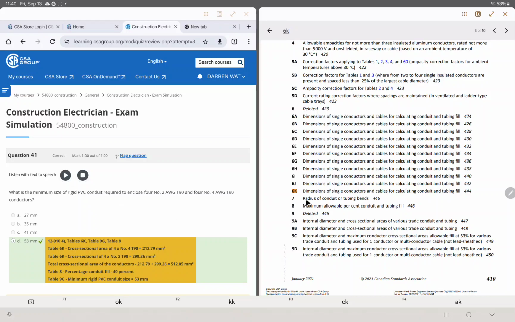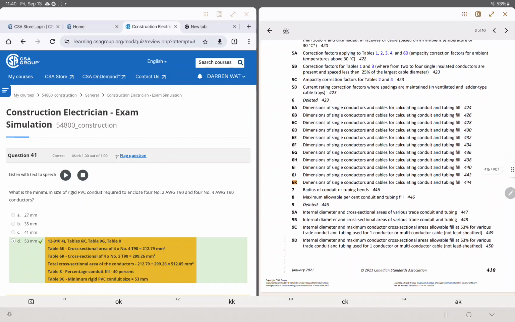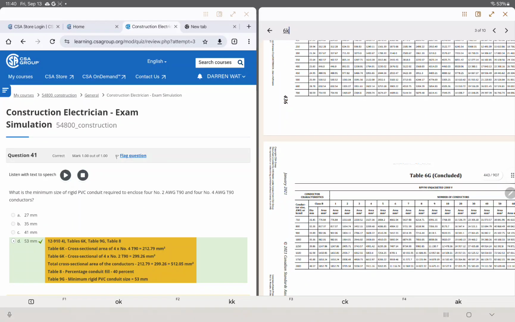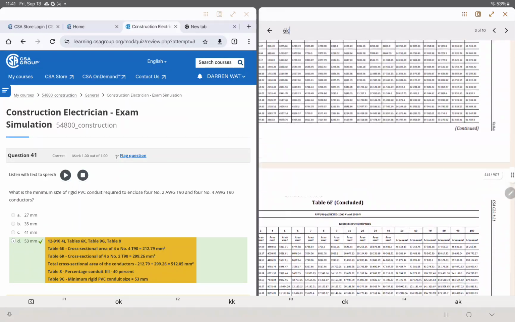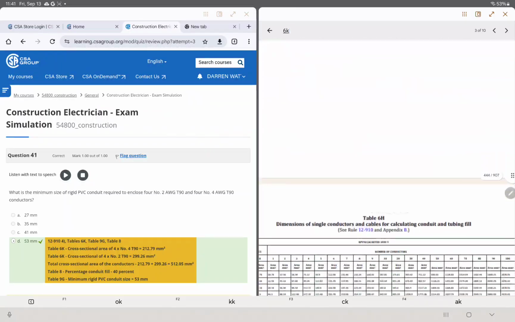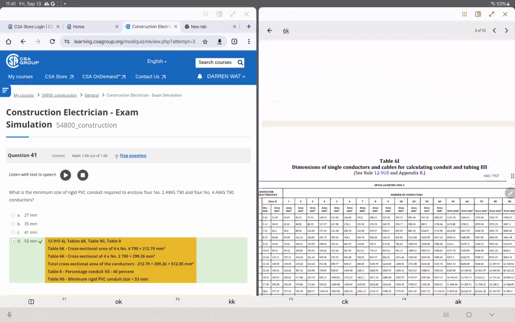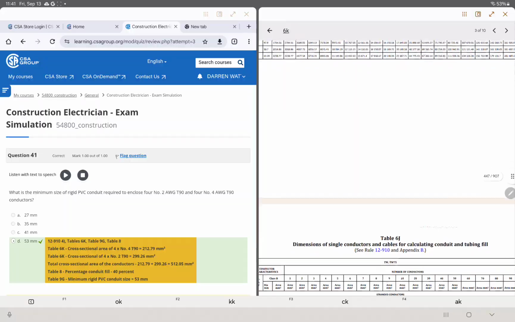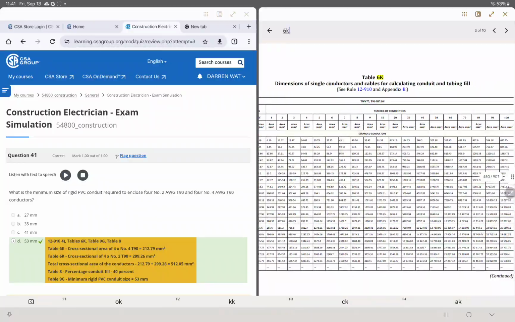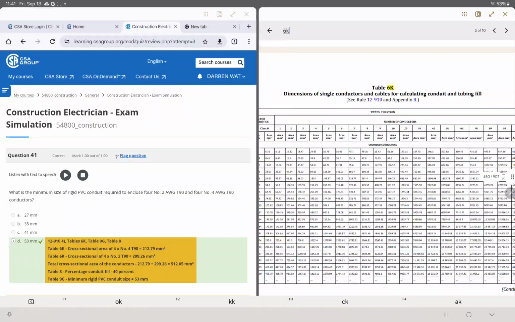So table 6K, so 6G, H. All right, we got 6K. Okay, so first things first, we're looking for rigid PVC conduit required to enclose 4 number 2 AWG T90.